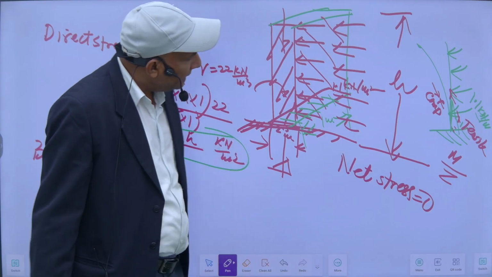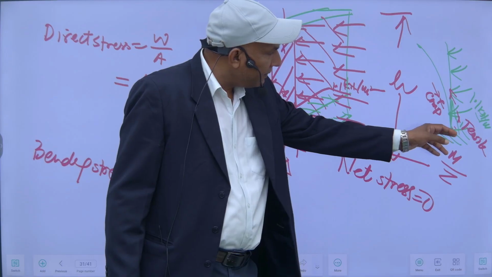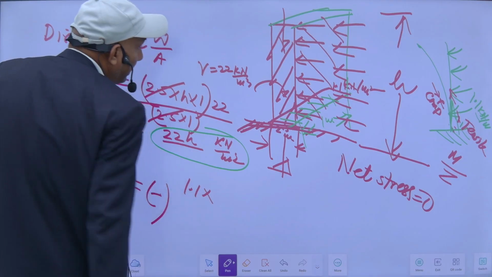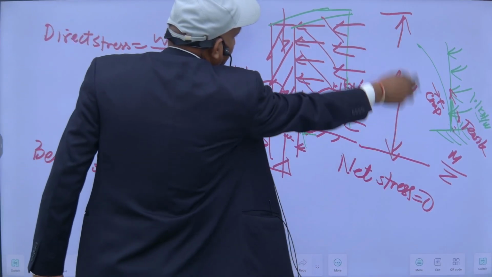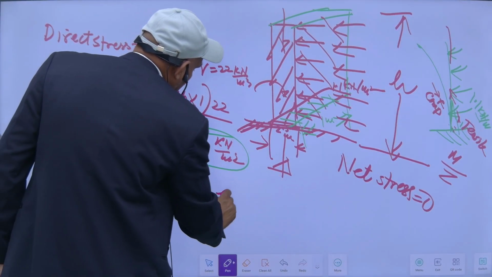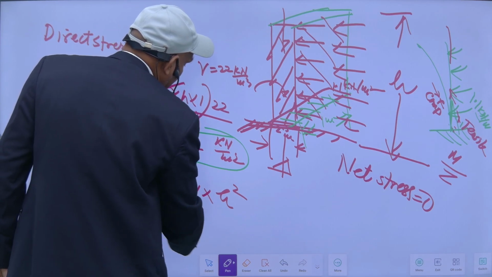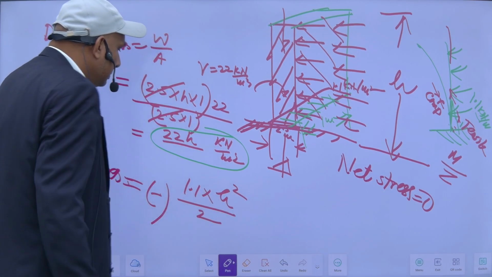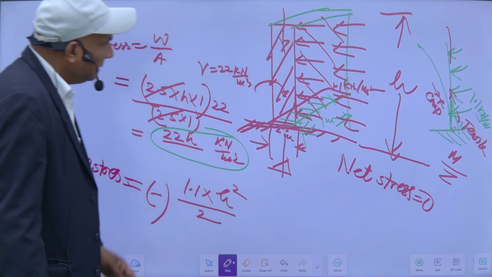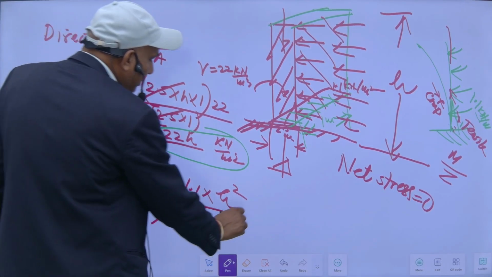In case of cantilever, it will be W L square by 2. That will be maximum at the fixed end. It will be W into L, where L is this height. W L square by 2. So this will be the bending stresses here. This is M divided by section modulus.